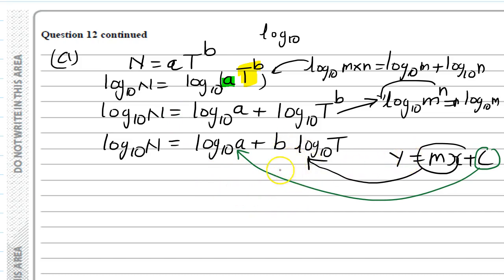If you see here, m is b. If you compare it, m is b. And the y-intercept, that is log base 10 a. Okay, this is your first part.